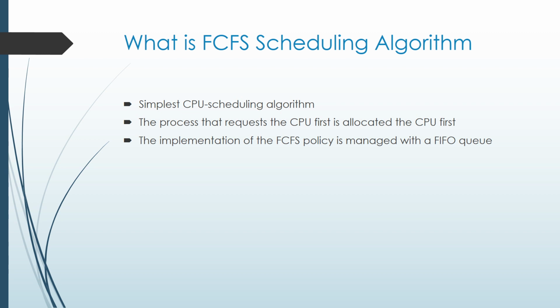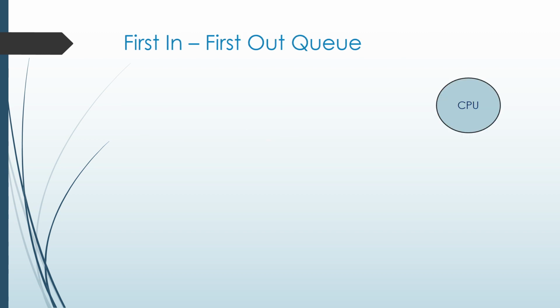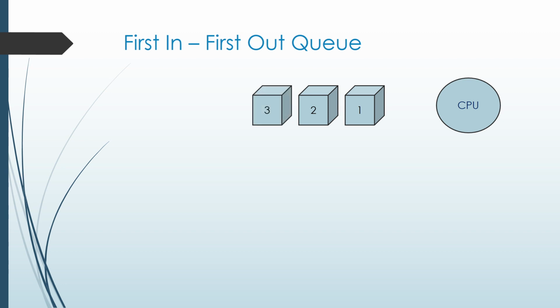So this implementation is being managed by the FIFO queue. FIFO means first in, first out queue. Now here we can see that we have a series of processes: process 1, process 2, 3, 4, and 5. Now they are in queues.